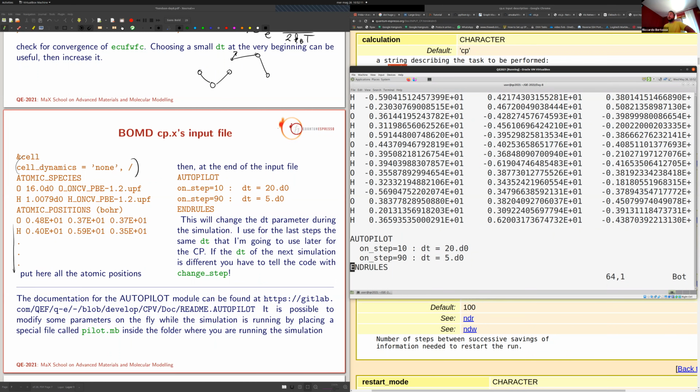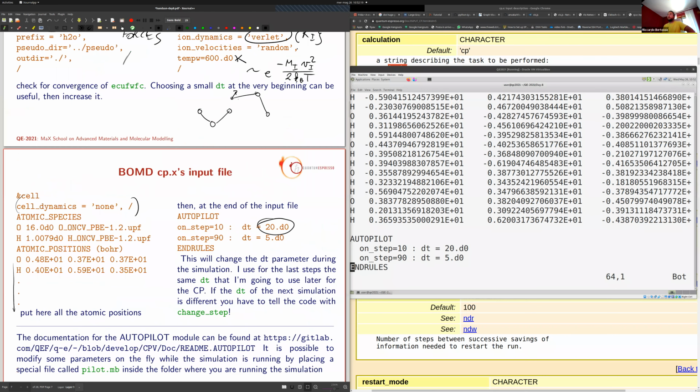For example, here, after 10 steps, I use a bigger time step. Why? Suppose that I am in a situation where two atoms are too near each other. After 10 steps, I suppose, though it is not a rule, that this situation is fixed, so I can use a bigger time step.